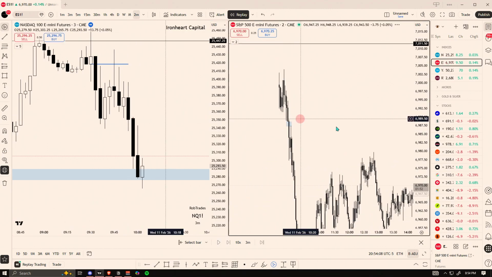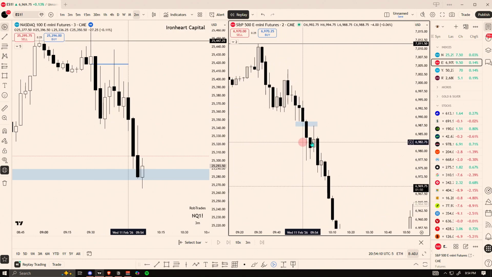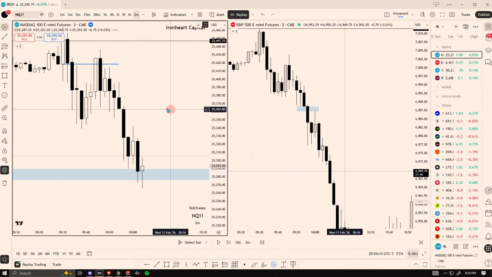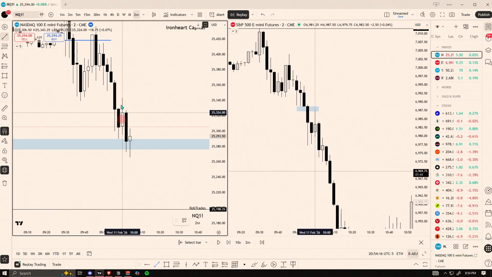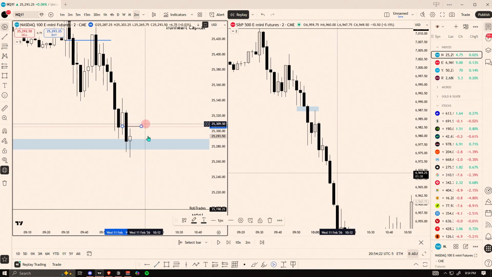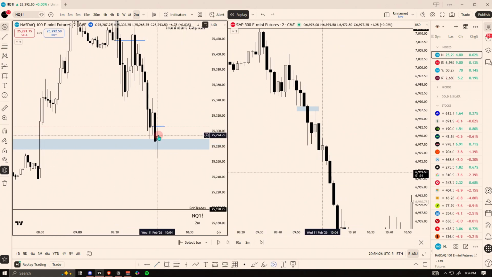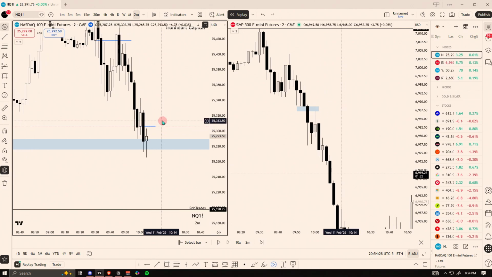And if we go back to the 2-minute, and we go back to the same area on both futures indexes, you can see that price is creating this opposing candle here. And this was the last area that I'm allowing price to reverse from, which is the EQ of the range.